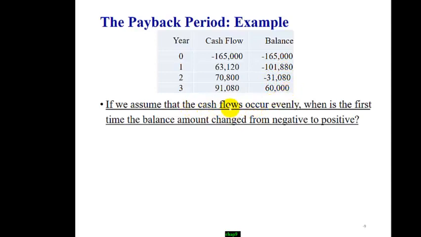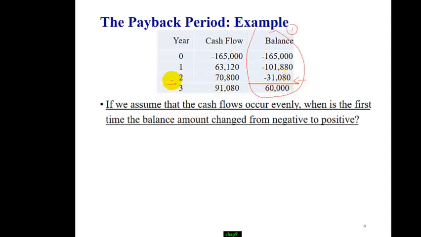Assume the cash flow occurs continuously and evenly. We want to figure out how long it takes to recover the initial 165,000 spending. First step, create a balance. Second, we figure out when the cash flow balance changes from negative to positive.